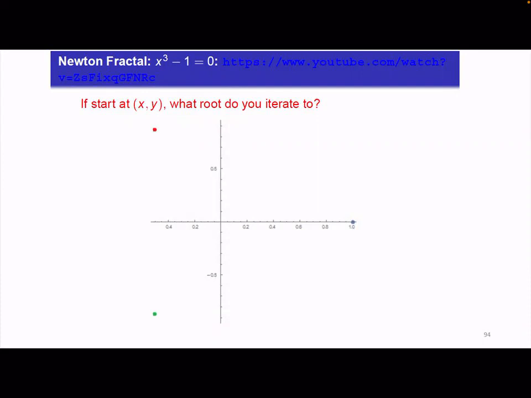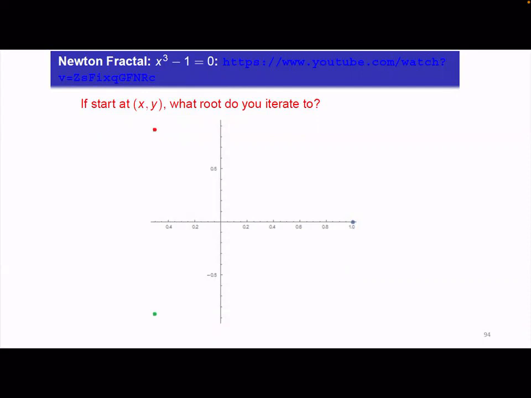So why did 1/3 converge to 1 and not -1? What was the relationship there? It was closer. Closer. So what do you think might converge to the red root? All the starting seeds that are... Would it be with a negative x value, but a positive y value?